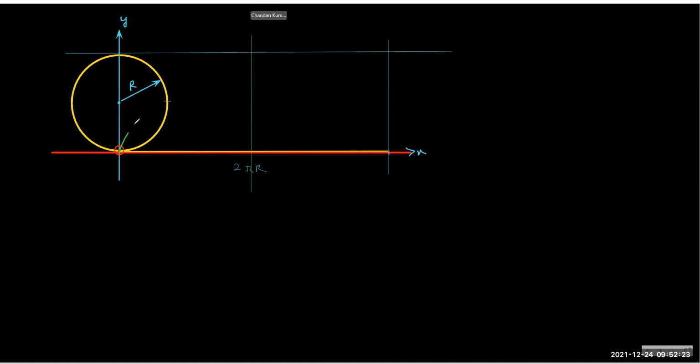It goes. Now this is the interesting part. It terminates at right angle. So the termination is always at right angle.